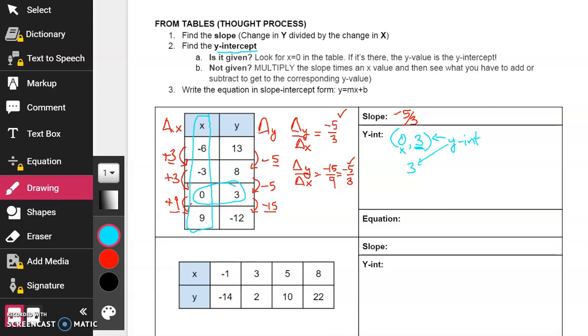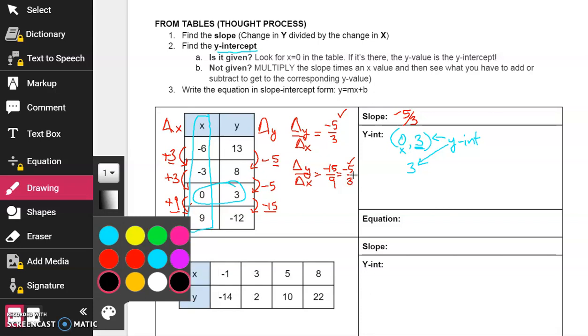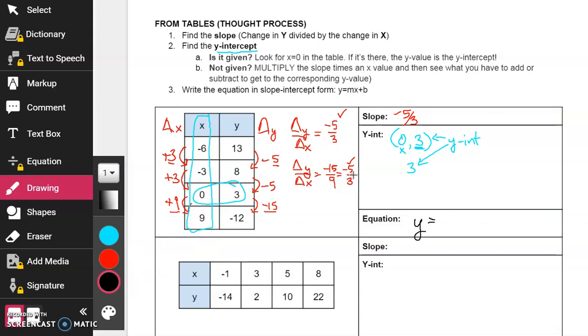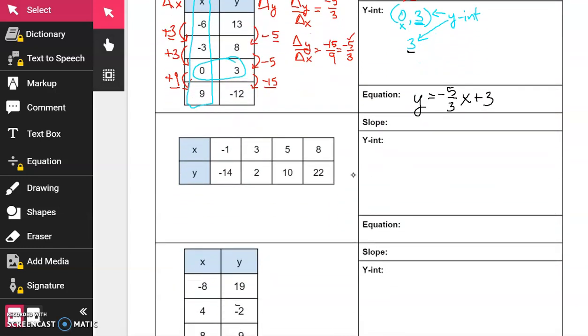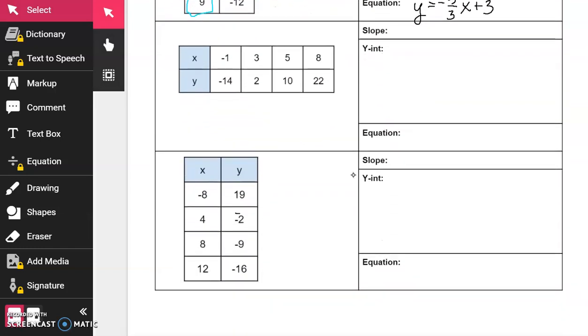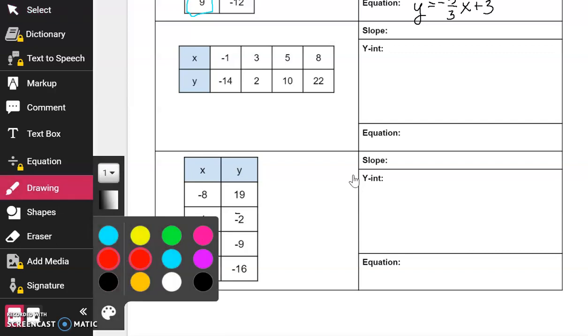Once I have those two pieces, I love when it's gifted to me, I can write my equation: y equals, I insert the slope, negative 5 over 3 times x, and then I add the y-intercept, so plus 3. There's my equation. When it's gifted, that's a beautiful thing, but guys, it's not always given to us, and we got to do a little bit more math, which is fine.